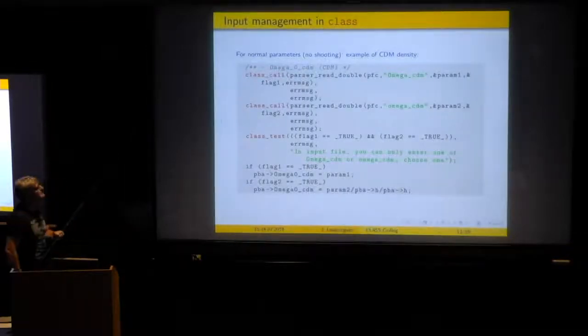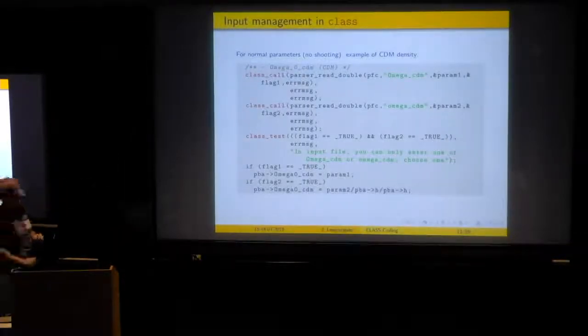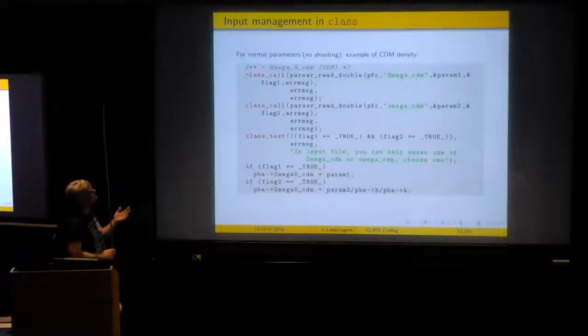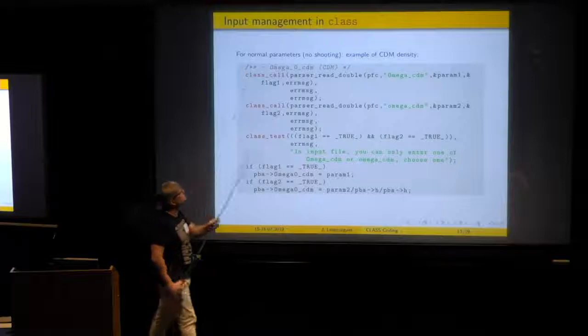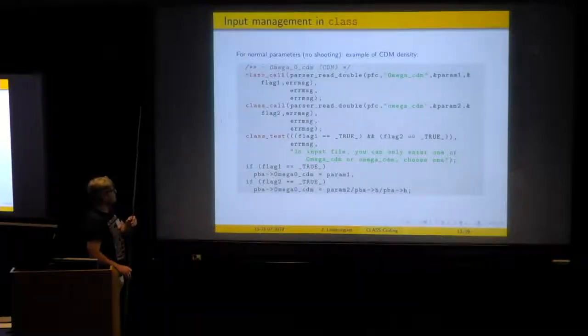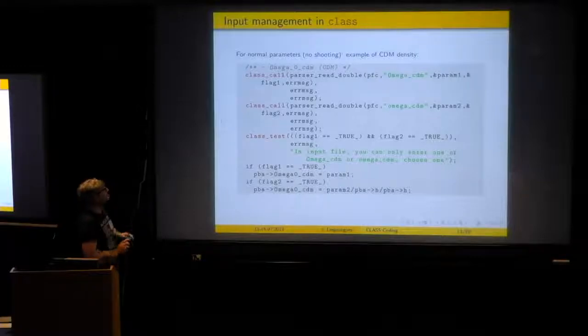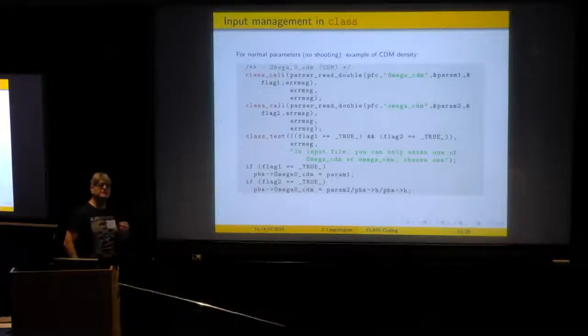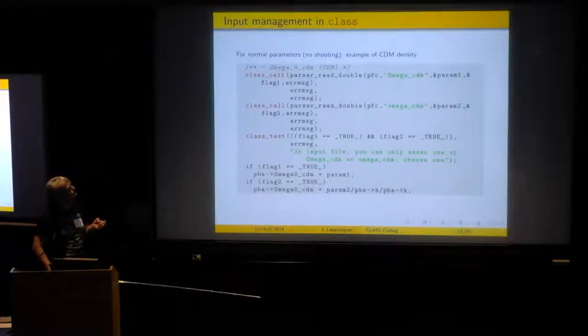Now let us look at how the code deals with a normal parameter when there is no required shooting method. And I take the example of the dark matter density. So the goal at the end is to assign the value of the parameter omega_0 of CDM. This is needed by the background structure.